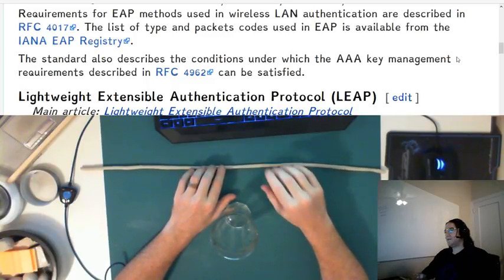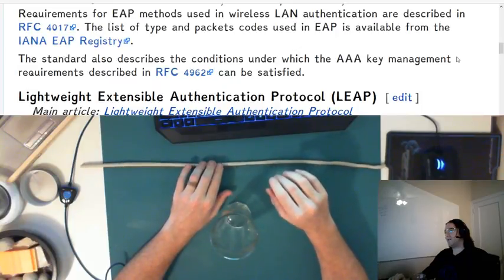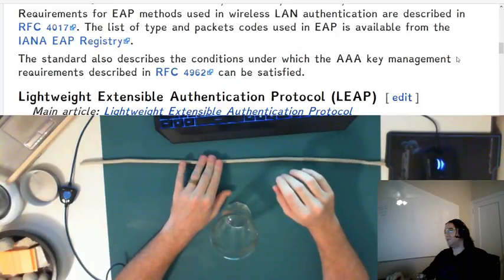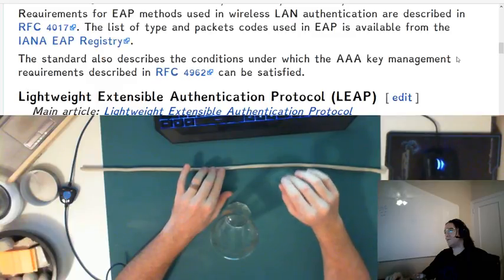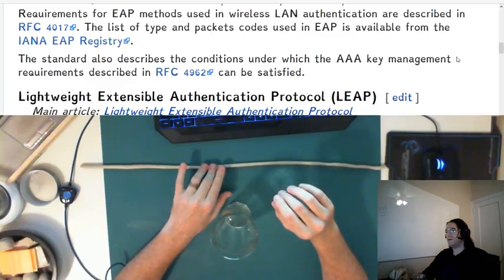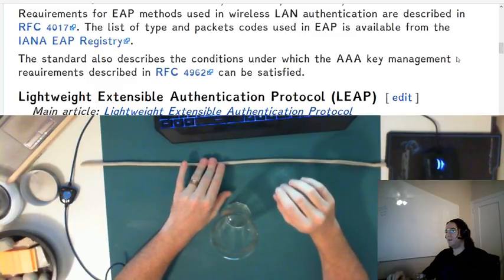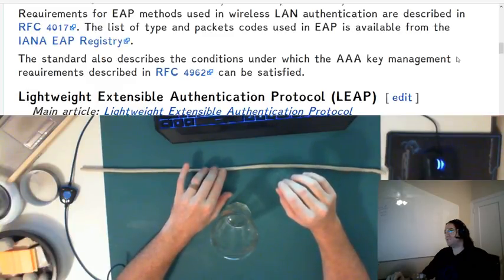The list of type and packet codes used in EAP is available from the IANA EAP registry.